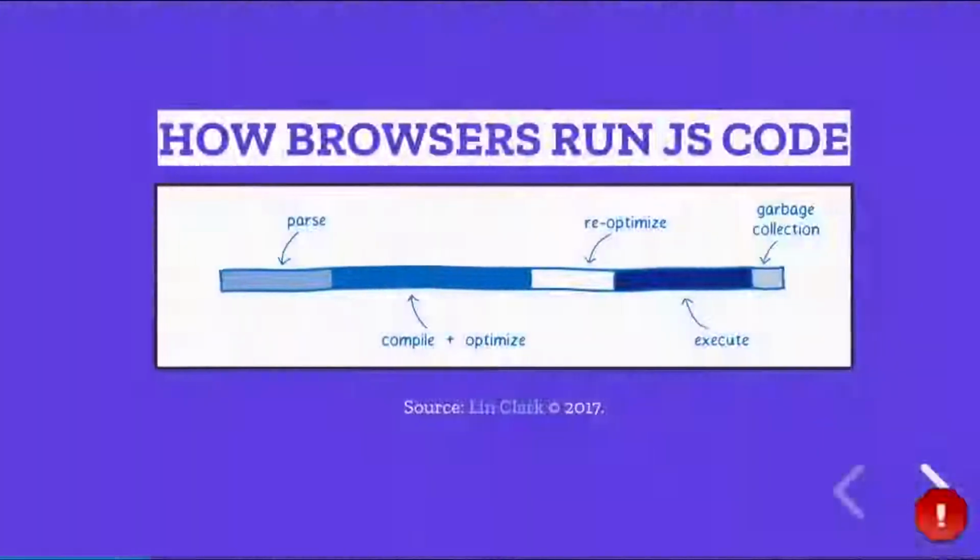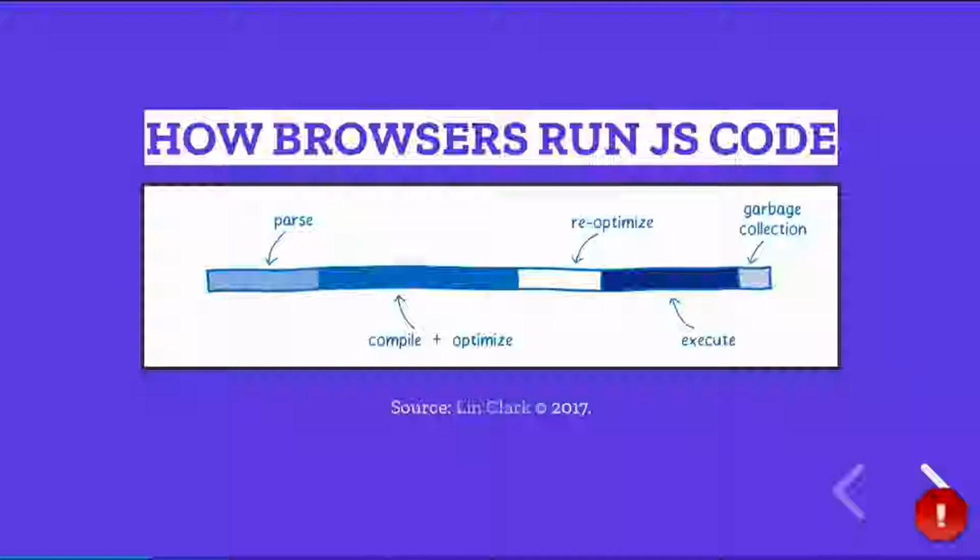This is how browsers currently run JavaScript code. Usually these 4 steps are involved in order to execute it. After you download the JavaScript code, the first step is parsing. Parsing is when the browser starts to identify each word, each token.